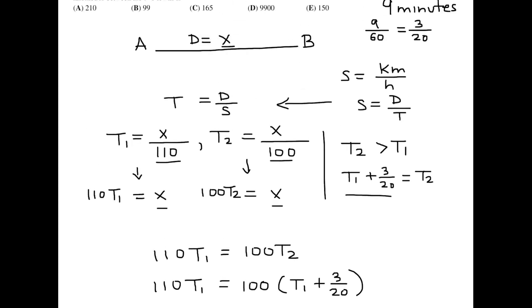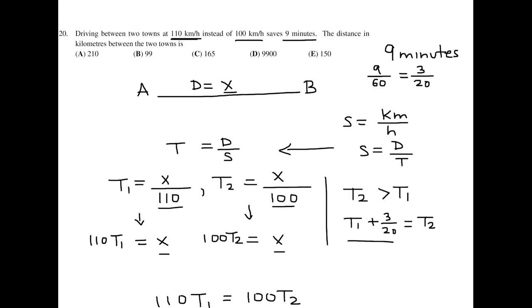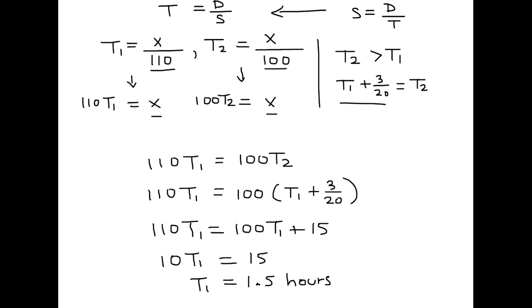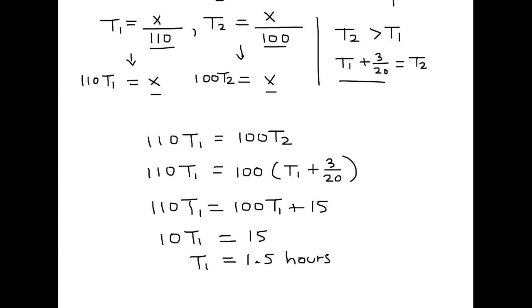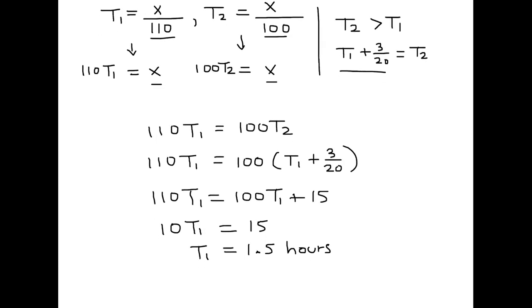Now that's not what they're asking for in the question. They're asking for the distance between the two towns. So they're just asking you to solve for x, which is what we call the distance. Well, we can use any of these formulas to figure out the distance. We can use this one, for example. Since we already simplified it, I don't need to simplify it again.